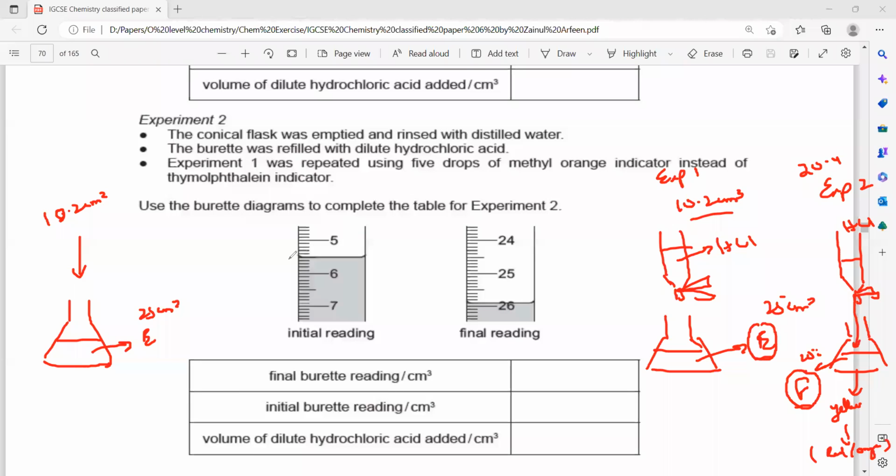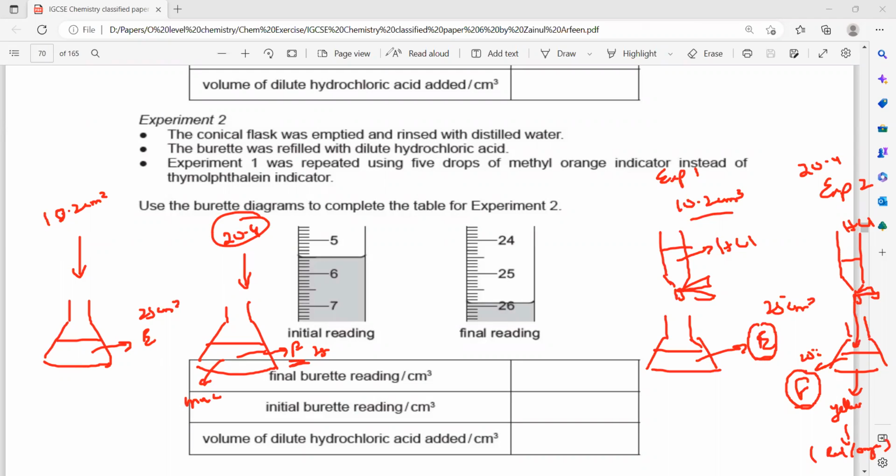Before, the unknown solution was in a burette, but now it is in a conical flask. With the same 25 cm³ of solution F, the known concentration of HCl needed is 20.4. So I need more HCl to neutralize F as compared to E. If I need more HCl to neutralize the unknown solution, it means F is more concentrated than E.